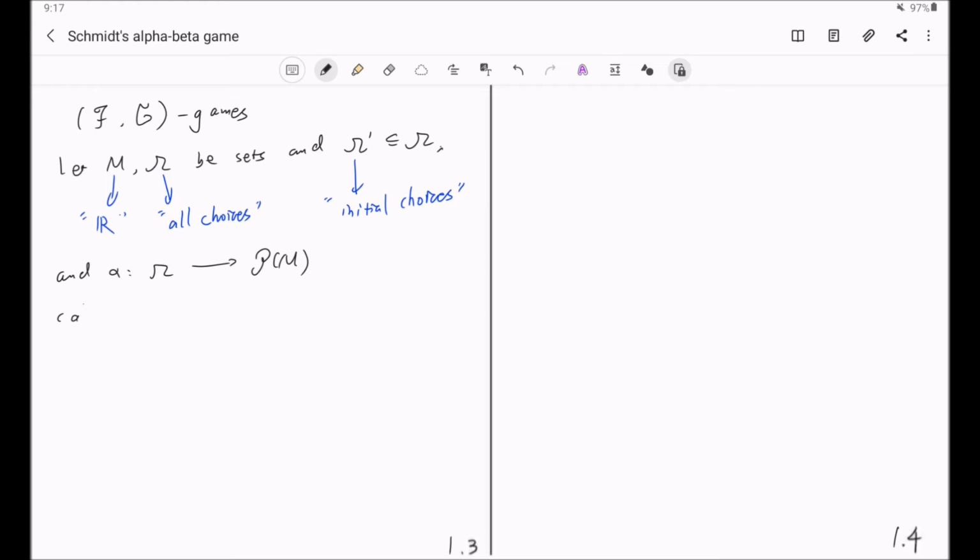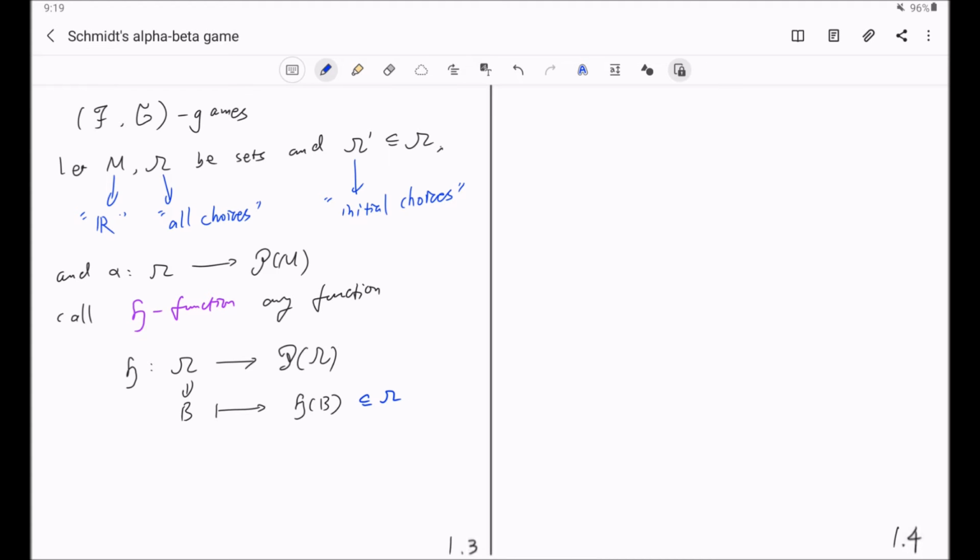And we call script H function any function H from omega to the power set of omega, which assigns each element in omega to some subset of omega.